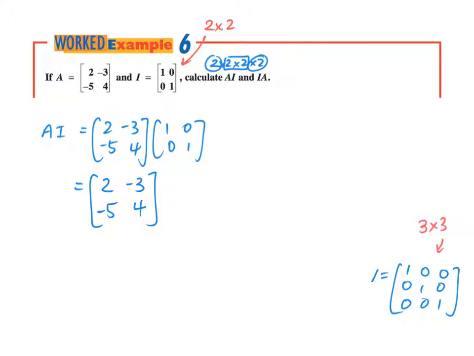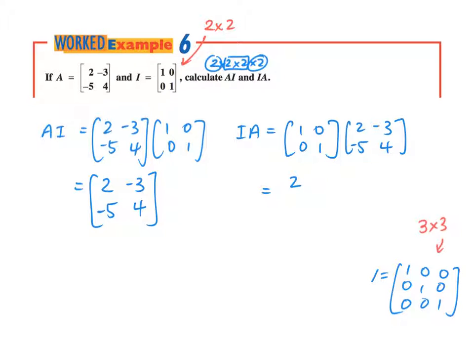Let's check if that's also the same for I times A, with the identity matrix first, and then our A matrix to follow. 1 times 2 is 2, and 0 times negative 5 is 0, so there's a 2 there.